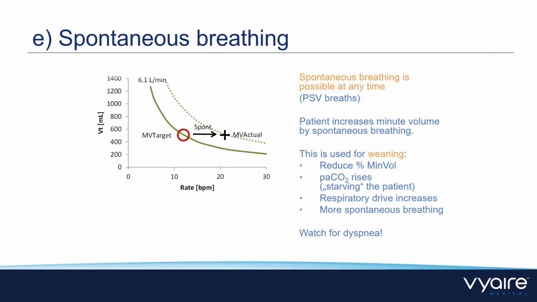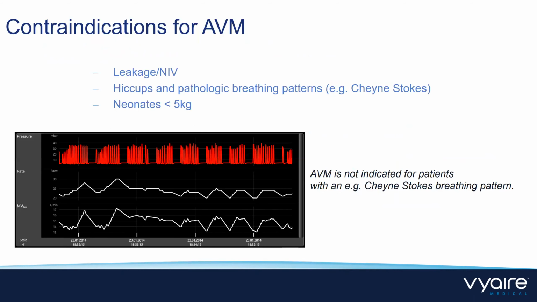Are there contraindications? Are there things you can't ventilate with AVM? Generally speaking, any lung condition, like a COPD patient, to just name the extremes, or an ARDS patient, can be ventilated with AVM. There are 3 things to consider. There is leakage, because when there is leakage, the expiratory time constant is not easy to determine.